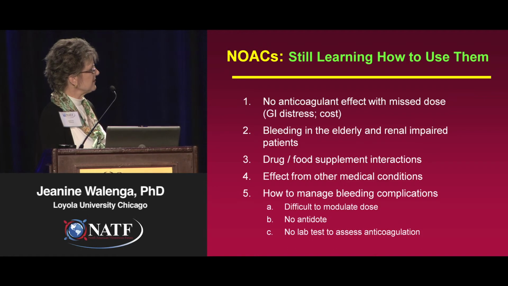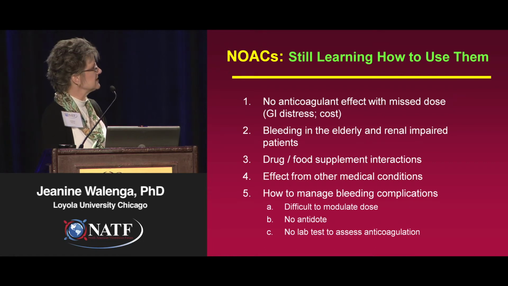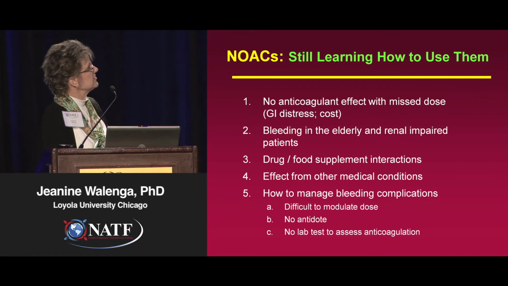And if there happen to be bleeding complications, because there is no antidote at this point in time, but many people are working on that to find an antidote and also to find laboratory tests to determine what the drug level is if it's needed. So there's a lot of work that's going on still, trying to understand how these drugs are to be used so that we have the full advantage of them.